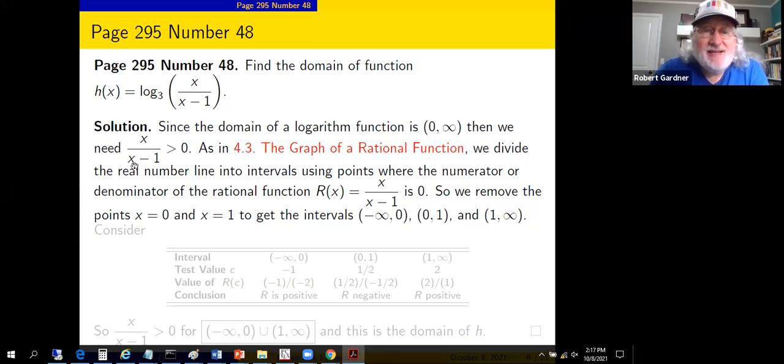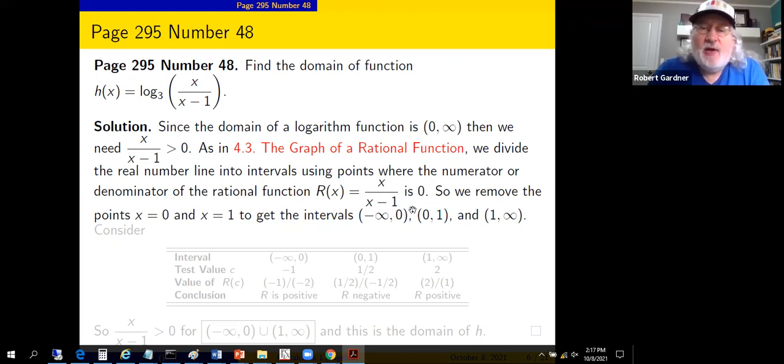So we need that thing inside this log function to be positive. So this becomes a sign test on a rational function. We dealt with this in section 4.3, talking about graphs of rational functions. We'll divide the real number line into intervals using points where the numerator is 0 or the denominator is 0.